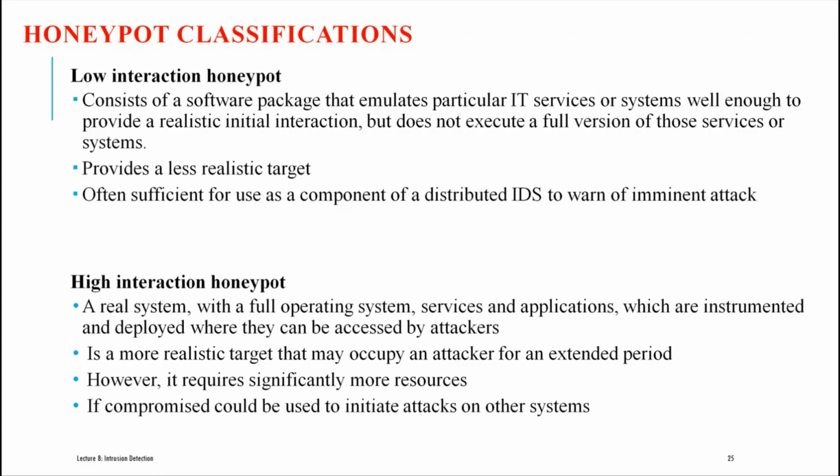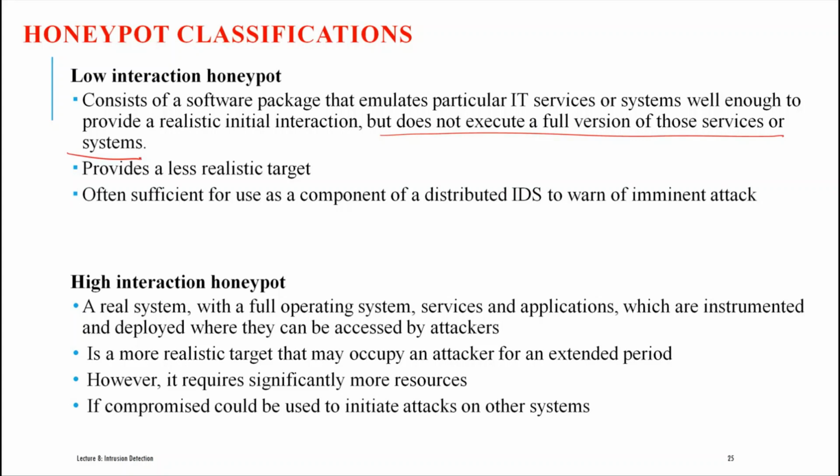A minimal version of things will be available in the low interaction honeypot, whereas in high interaction, a full operating system will be available. These are software packages that emulate particular IT services or systems well enough to provide a realistic initial interaction, but do not execute a full version of these services or the system. It's not going to have a complete version of everything, only a minimal thing.